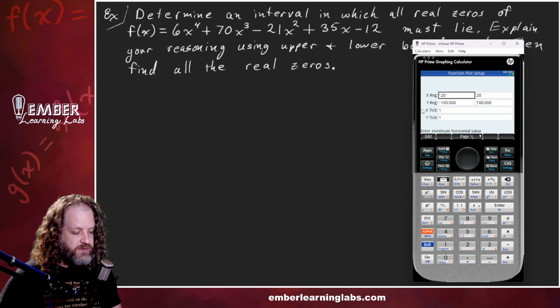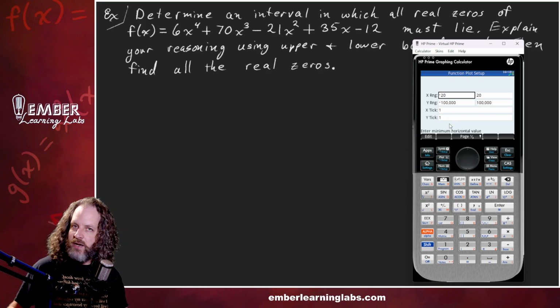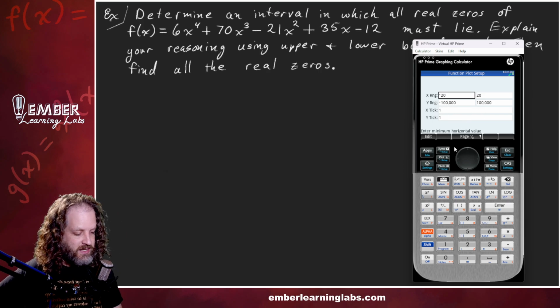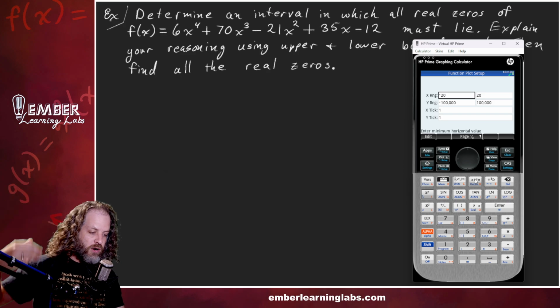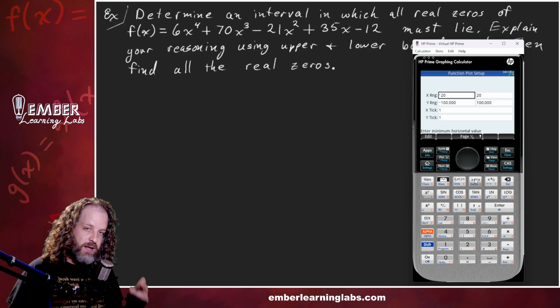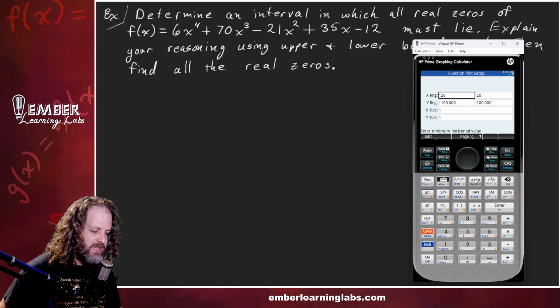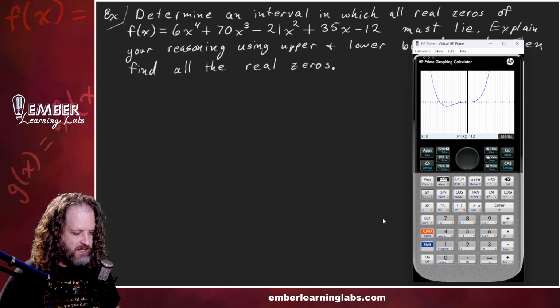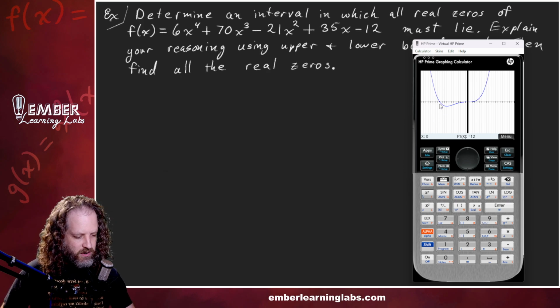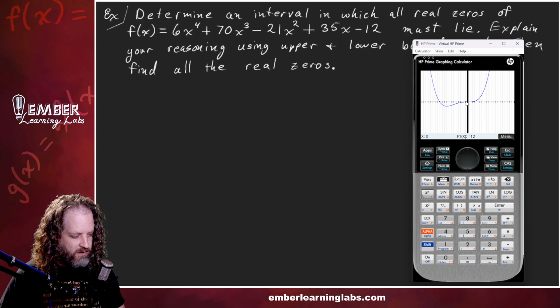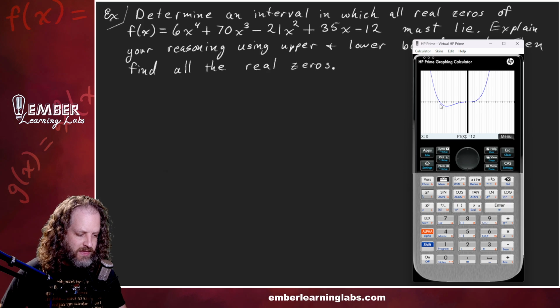You don't have to use these exact numbers to get a useful picture. If you're doing this on your own, play with the window settings until you can see something. This is what it looks like. The lowest zero looks to be right here, and if I count 1, 2, 3, 4, 5, we count to negative 12. So anything to the left of that should be a lower bound.